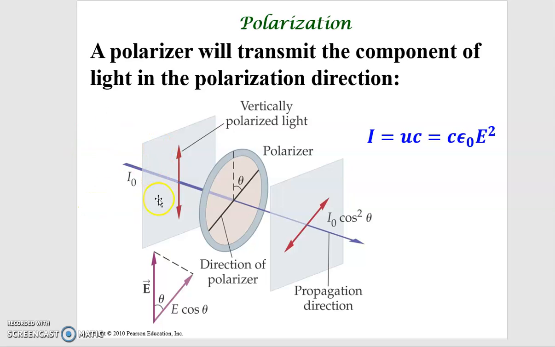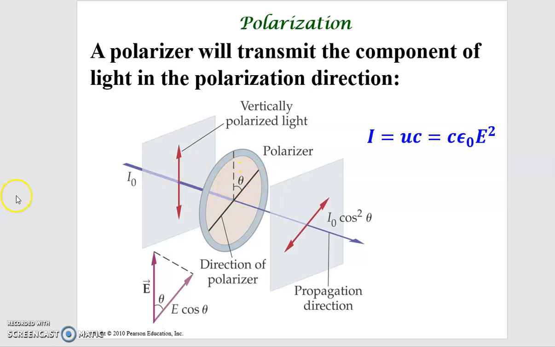Originally the intensity of the EM wave is I0, but after passing through the polarizer, only the component in this direction is allowed. So you will find that the transmitted light is polarized in this direction, but now the intensity is I0 multiplied by the cosine theta, and theta is the angle here.